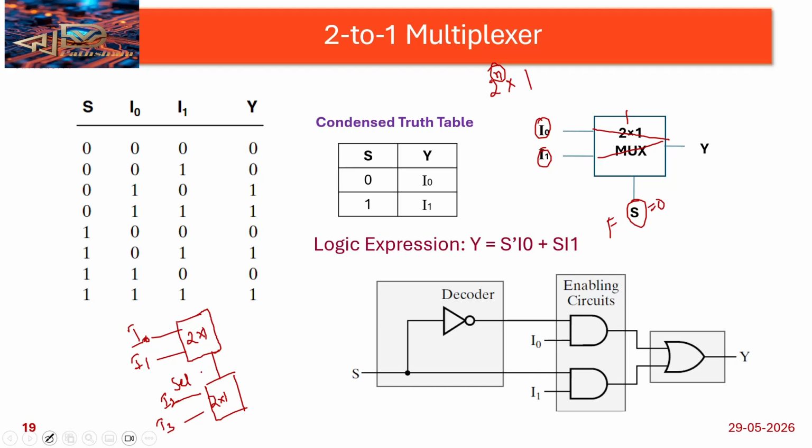Based on the select line, the outputs will be connected either to the upper one or to the lower one. One is connected through a NOT gate.